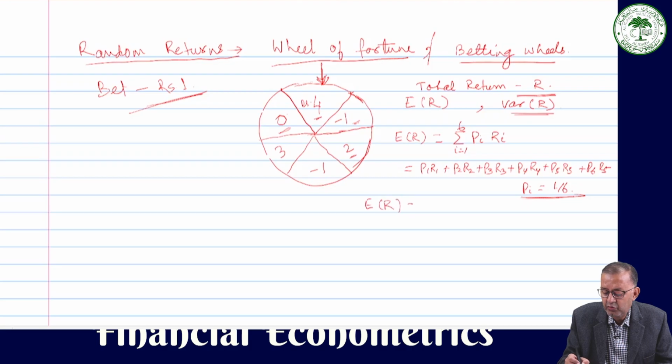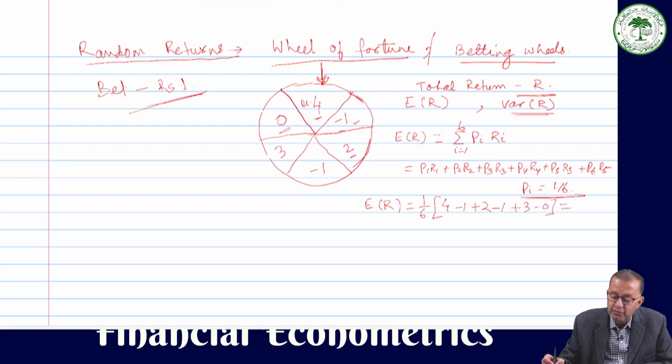This is equal to 1 by 6 into the return factor, which is 4 minus 1 plus 2 minus 1 plus 3 minus 0, and this comes out to be 7 by 6. Now, what about the variance of R square?